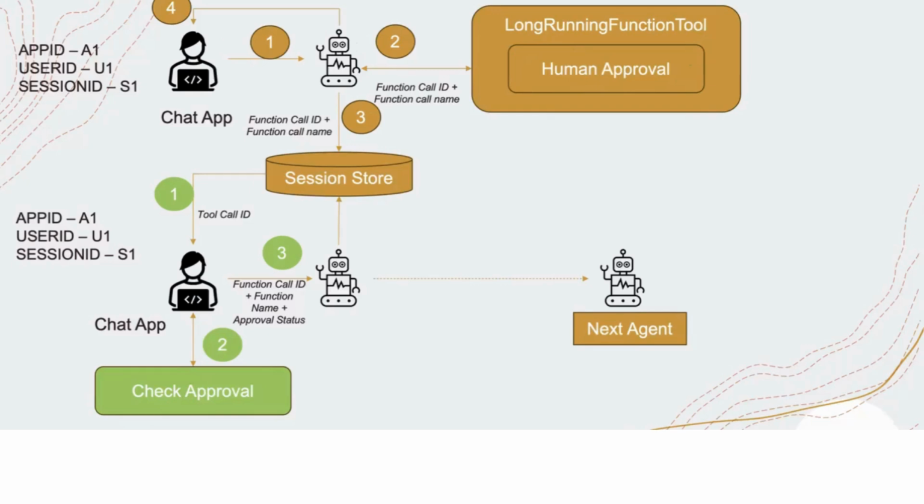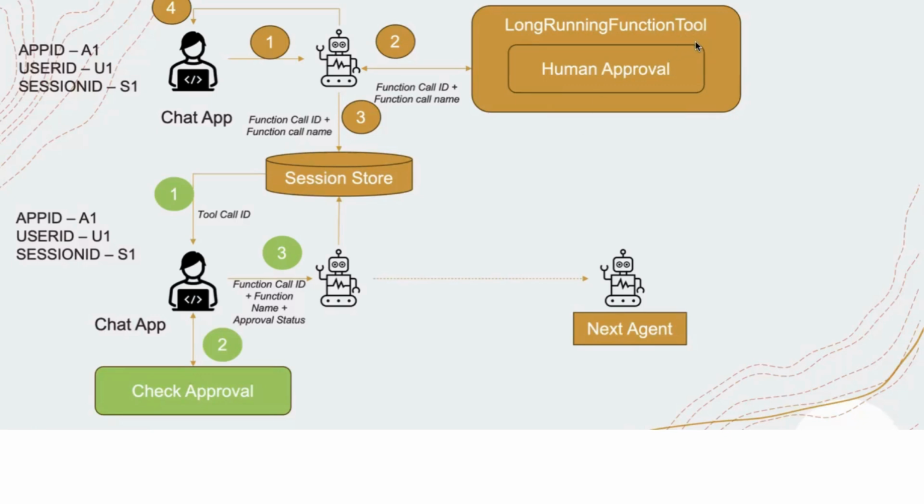Now, the human approval may come many days after I put the request, right? So this is where the long running function tool comes into picture.